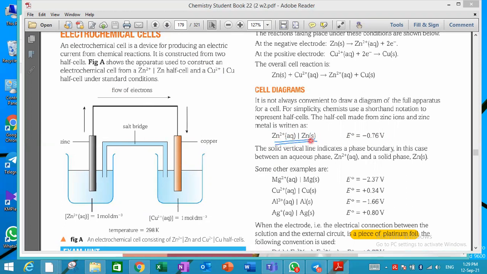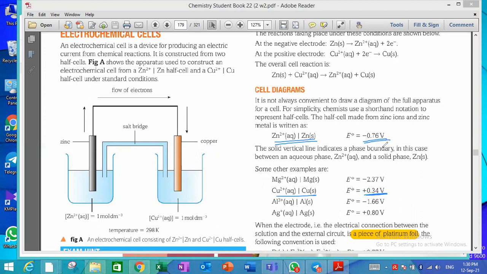Zinc ions, zinc metal, we see that the E naught value is negative 0.76, and the copper ions, copper is positive 0.34. So what do we deduce from these two values? That the zinc ions zinc half cell has a standard electrode potential of minus 0.76 volts, and that of copper ions copper is plus 0.34 volts.